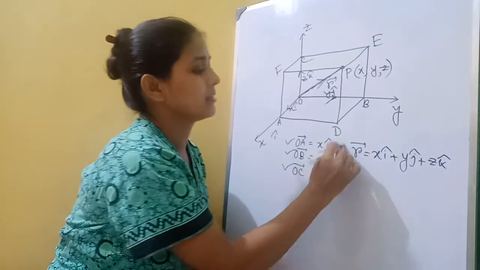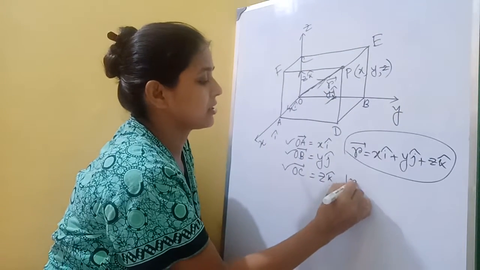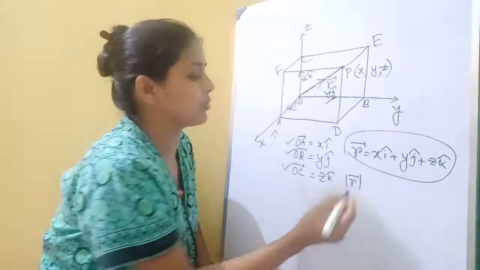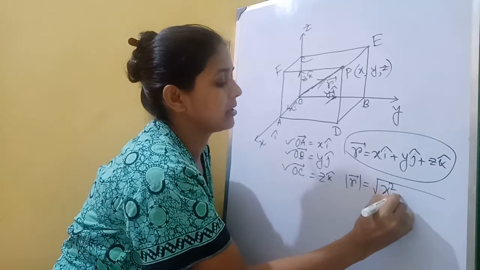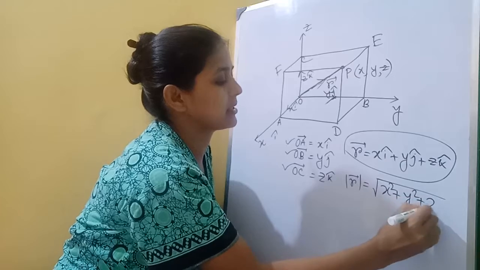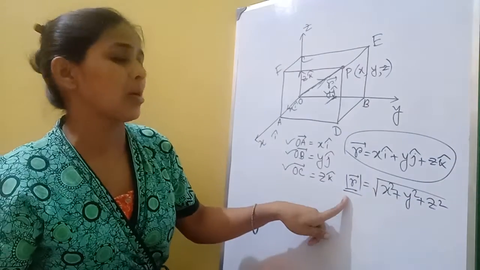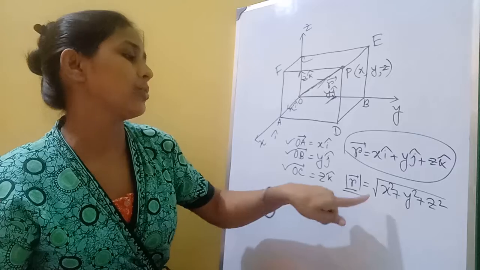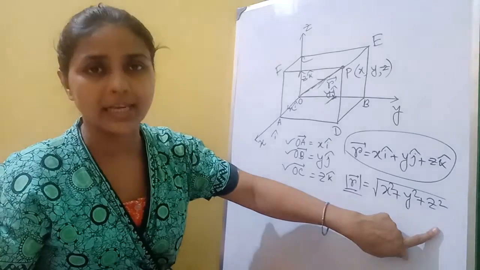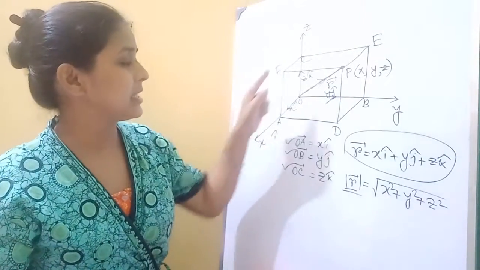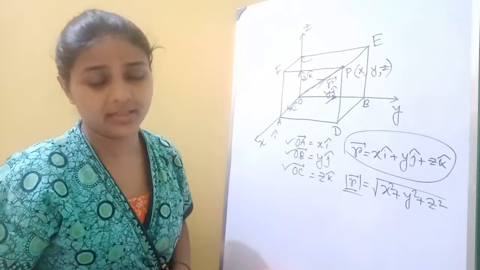This is the final expression, and by Pythagoras theorem or distance formula we can easily prove that the modulus of r is equal to root over of x square plus y square plus z square. So these are the components of a vector.